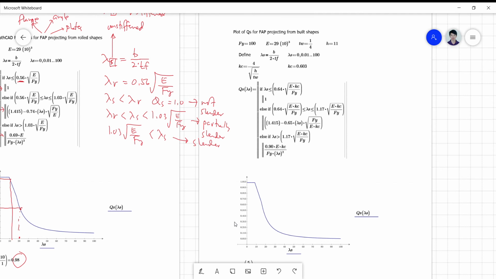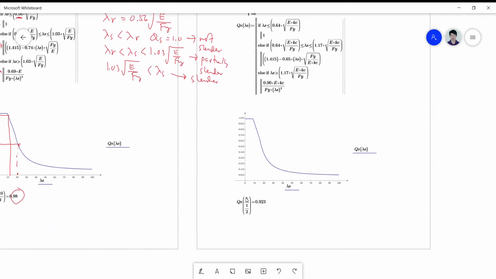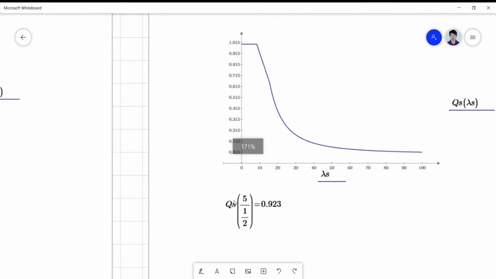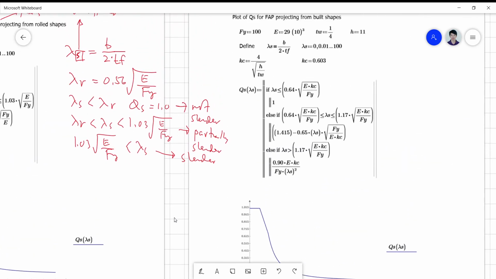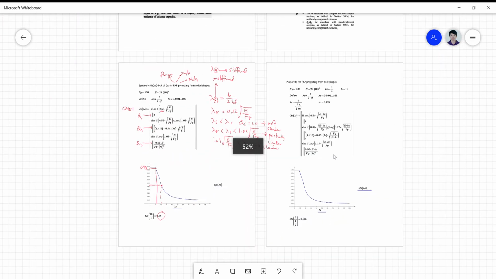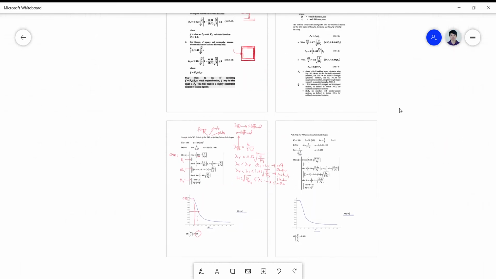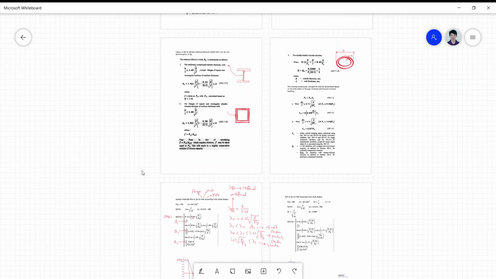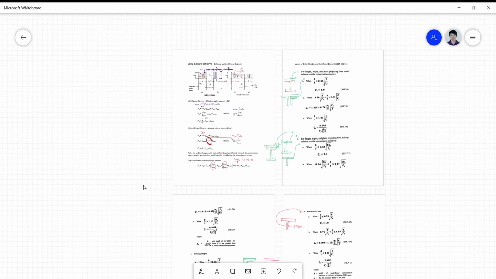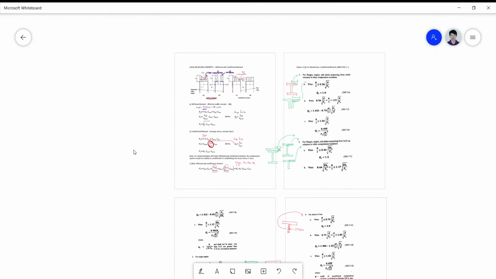Again, this program is just used to help you find easily what the value of Qs is. So that's all for the computation for Qa and Qs. We'll apply this formula later when we solve problems on local buckling behavior. Thank you very much.